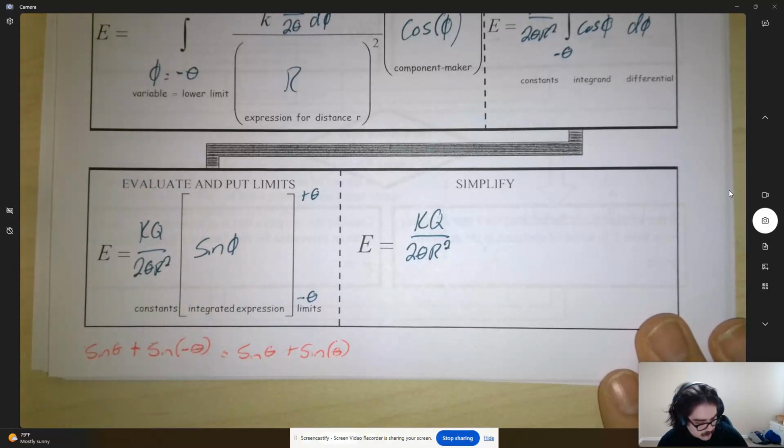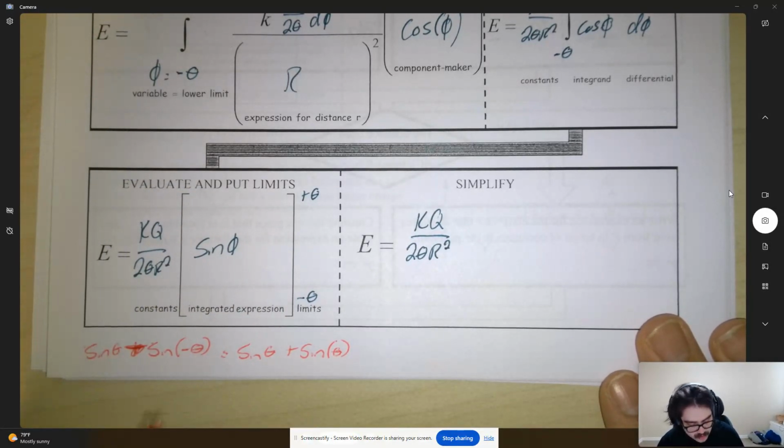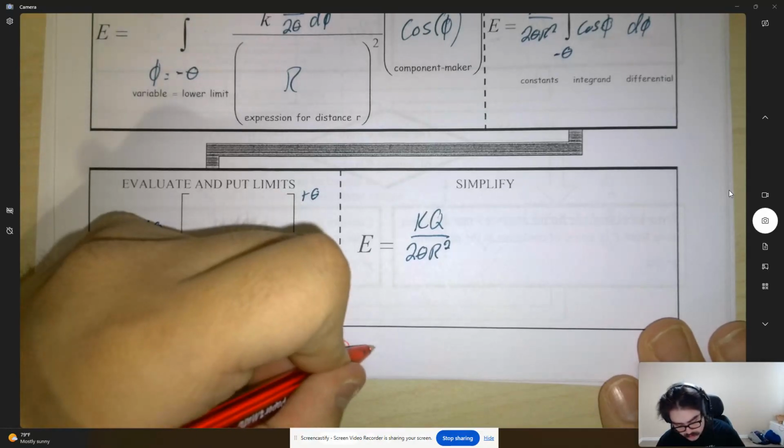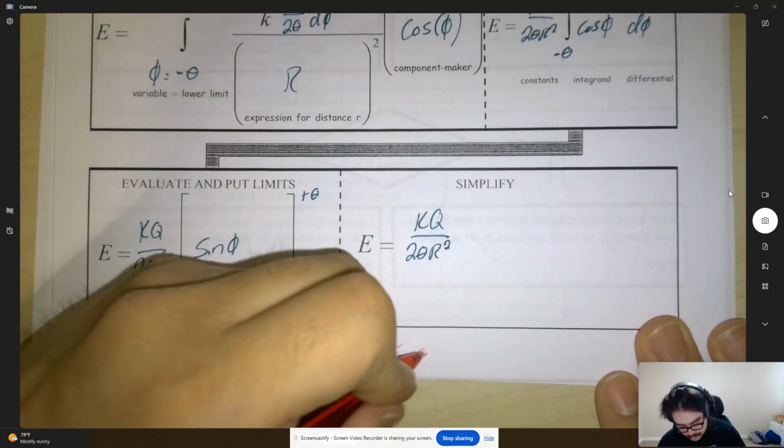Sorry, it should be minus. I don't have my whiteout with me. It should be minus, right? And then this ends up becoming plus sine of theta. So this really is just 2 sine theta.